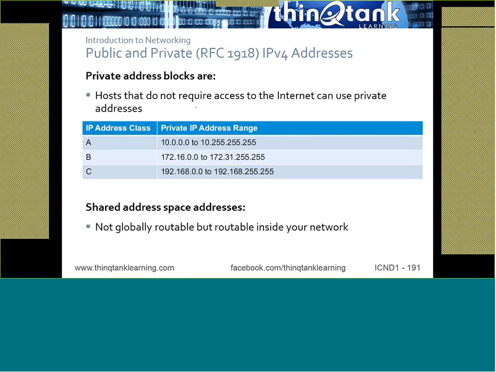What the service provider typically is going to do is assign you a block of 8 addresses or a block of 16 addresses, and you can use those addresses to do your translations. See what I'm saying? So you do private addressing inside your network, and you do translation of those private addresses when you leave your network.